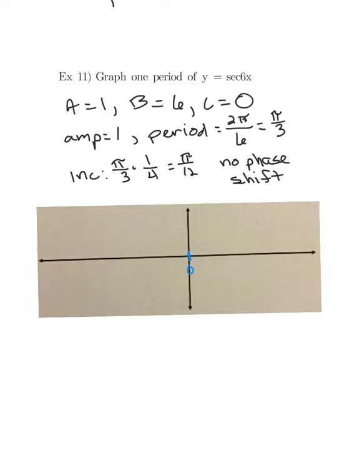So we're going to add pi over 12s until we have a total of 5 marks, with 0 as our first mark. So add pi over 12, you're going to be at pi over 12.